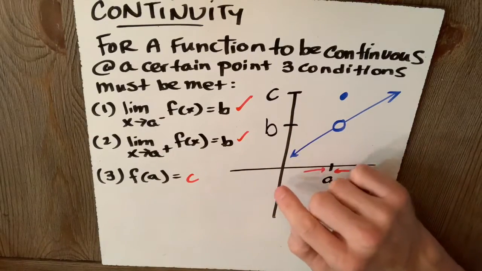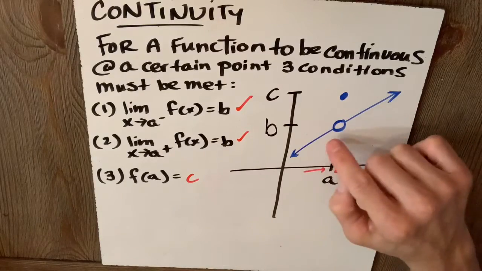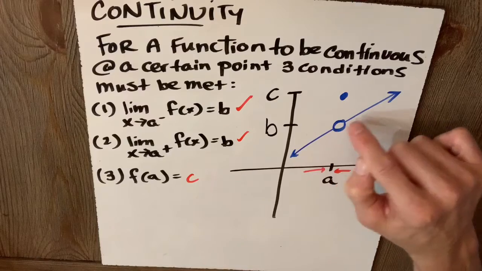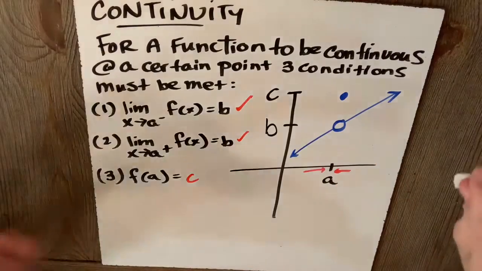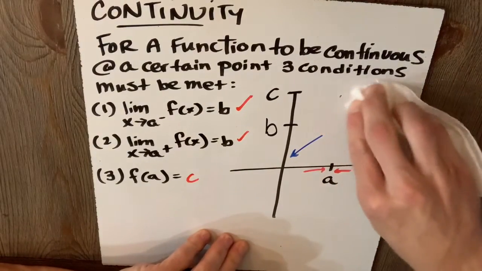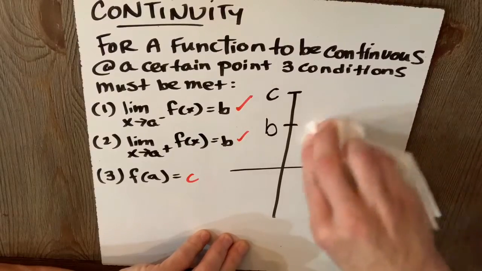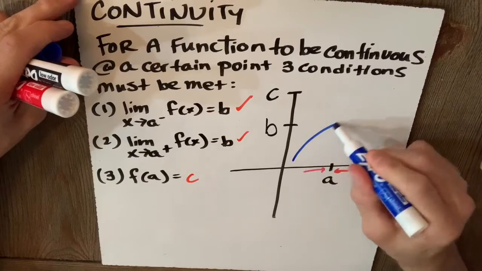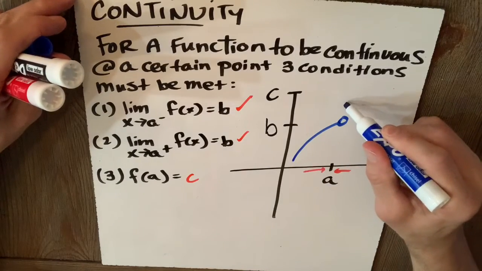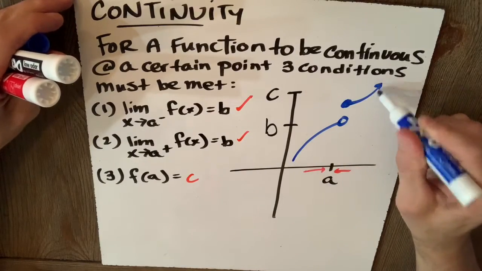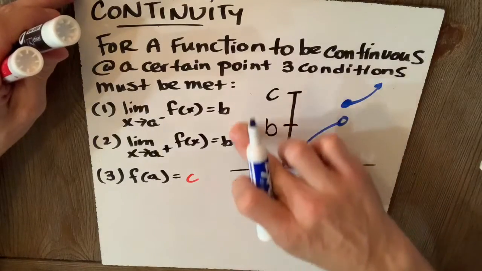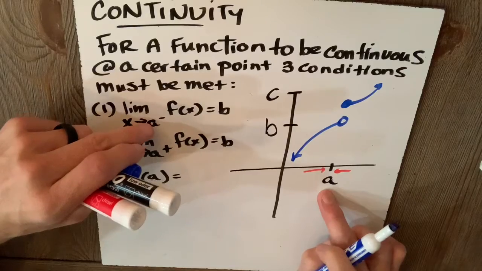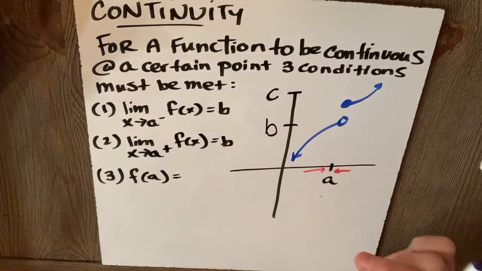Remember what I said: if we don't have continuity, then we have to pick up our pencil. If we're drawing this from left to right, I'd have to pick up my pencil at the hole. So it's not continuous. How about another example of a non-continuous function? Maybe I have a graph that looks like this. You can see that the limit as x approaches a from the left-hand side is still going towards b.